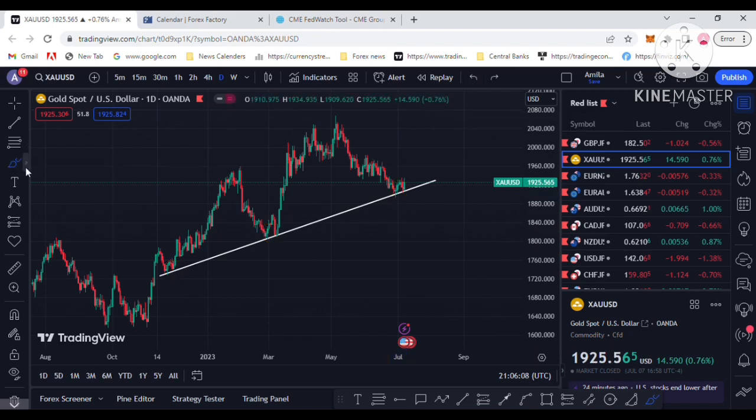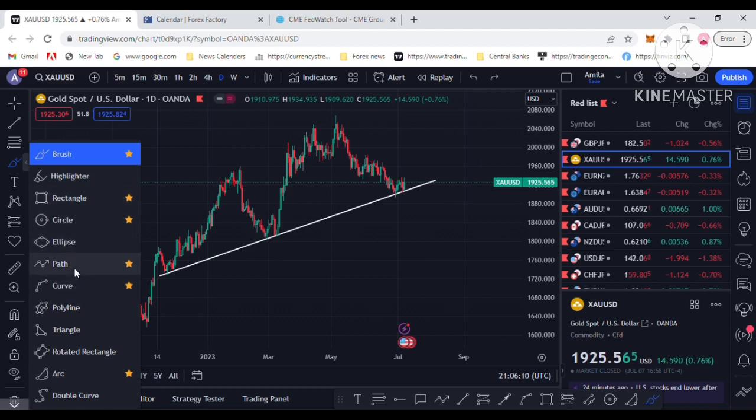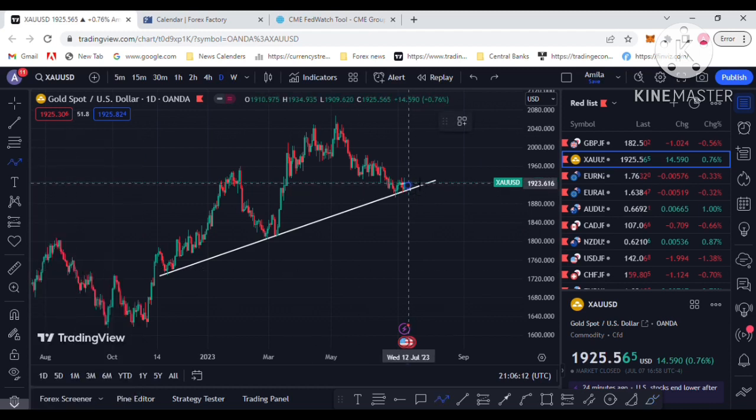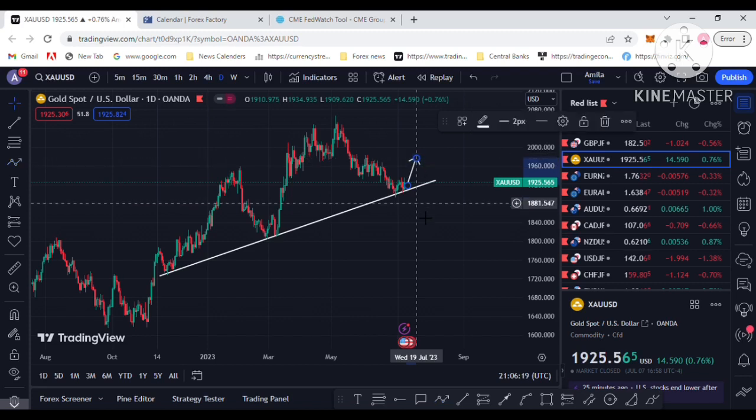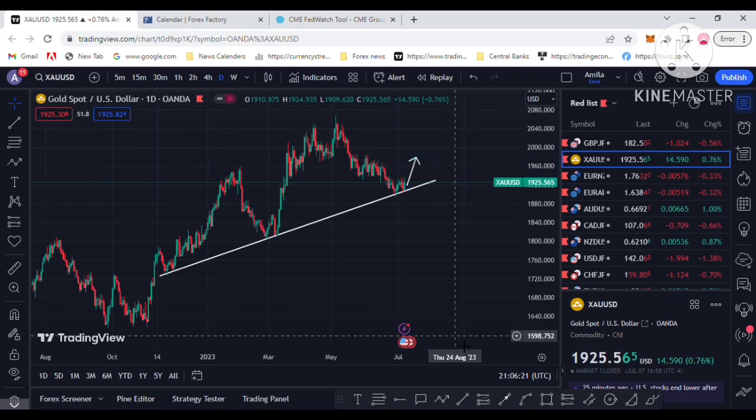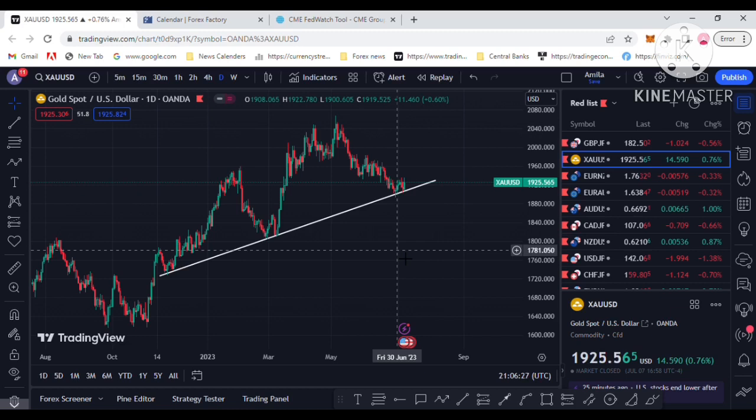I am hoping price will continue to the upside next week and next month. Technically, the picture I am seeing is 1950 to 1980, which is my next level target.